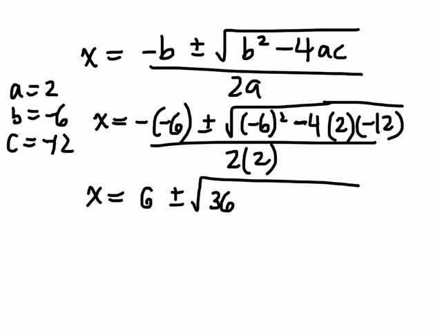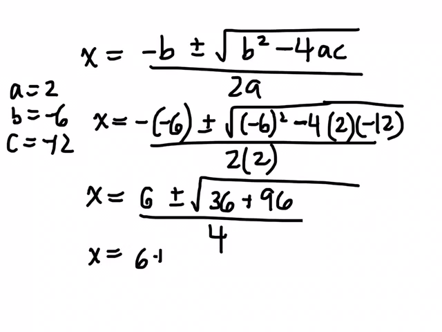What's negative 4 times 2? Negative 8 times negative 12. What's 12 times 8? Plus 96, divided by 4. Okay, so x equals 6 plus minus the square root of what? Yeah, I got x equals 136 divided by 4. Meant to write 132. Sorry, thank you.